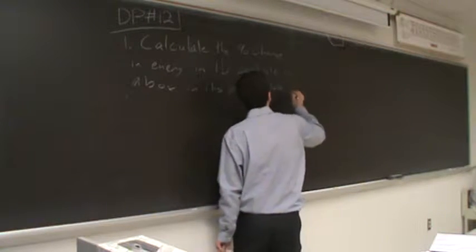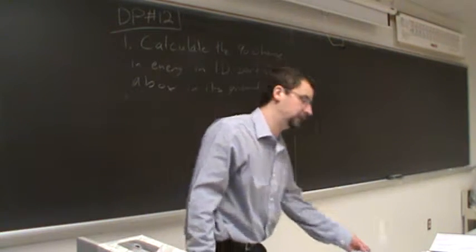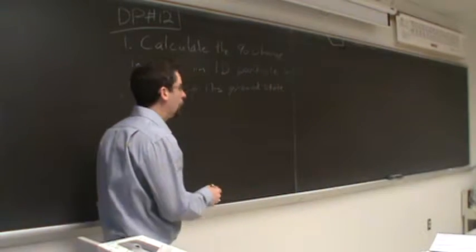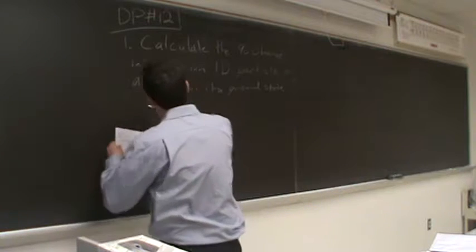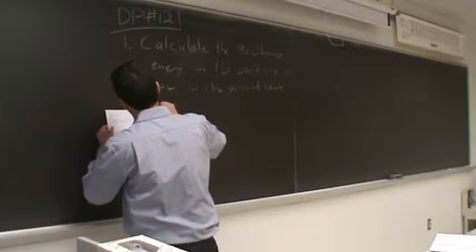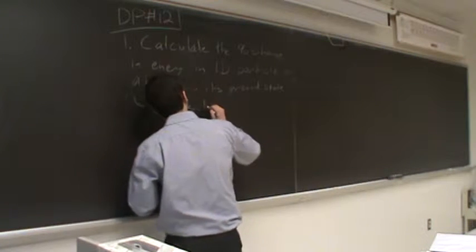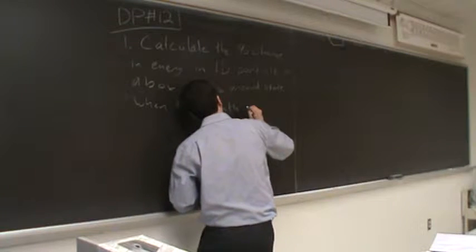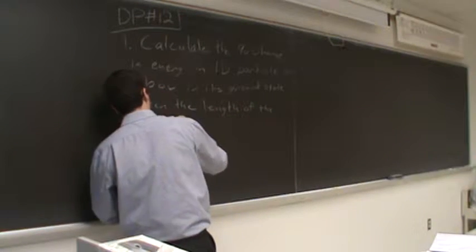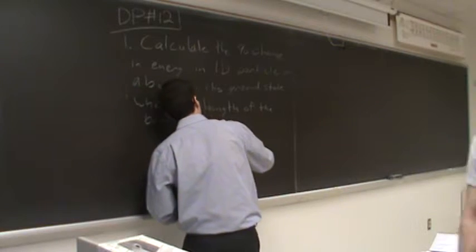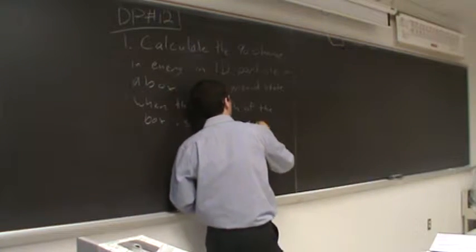So when we say ground state, what do we mean? Yep, n is equal to 1. So we're talking about its ground state. If we increase the box length, the box is increased by 10%.